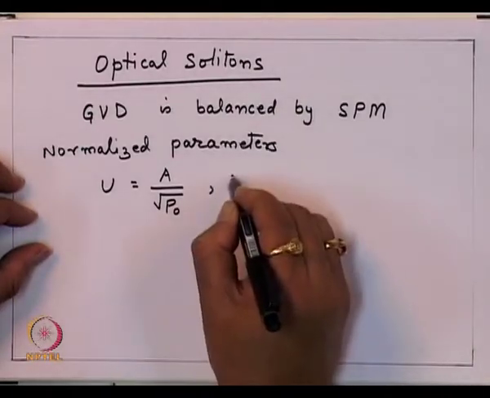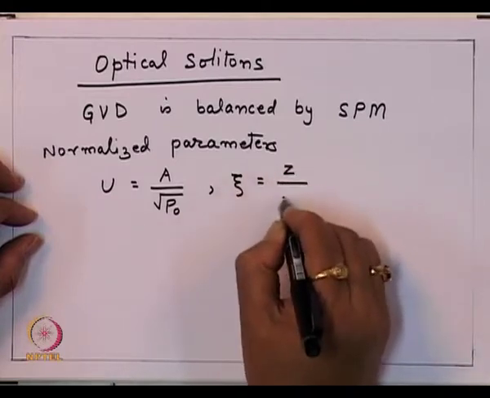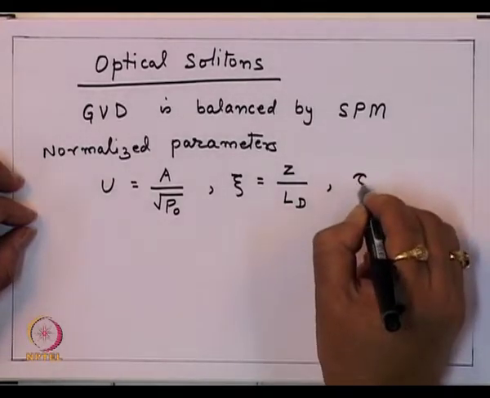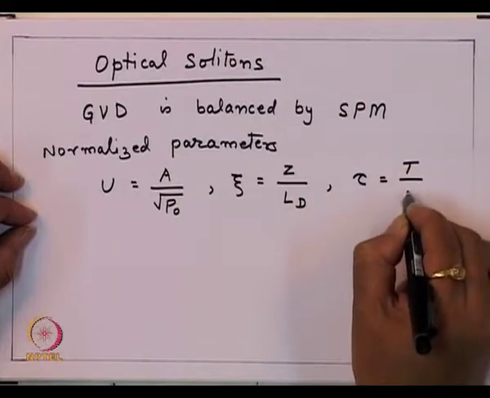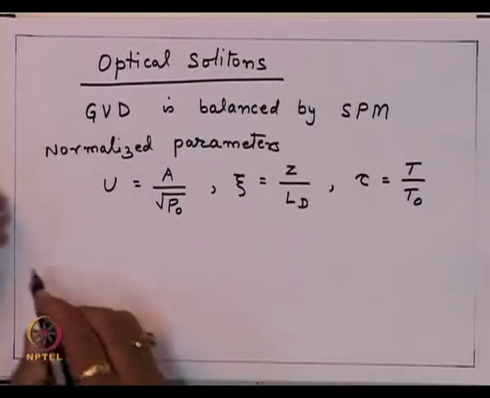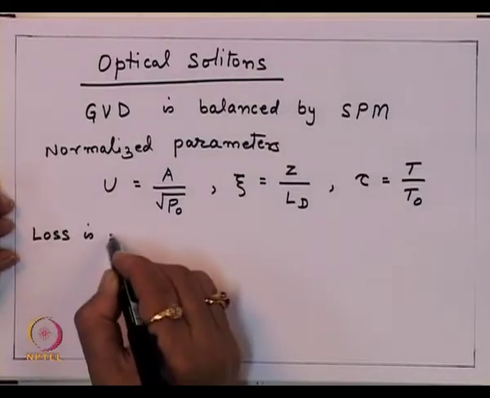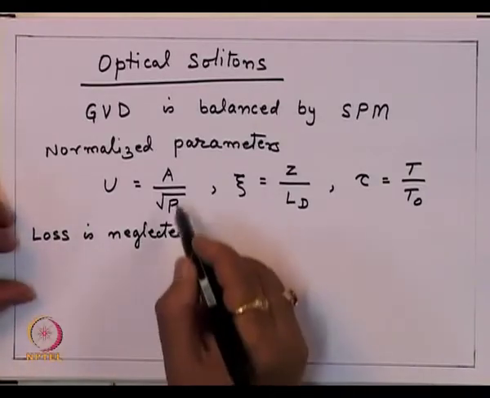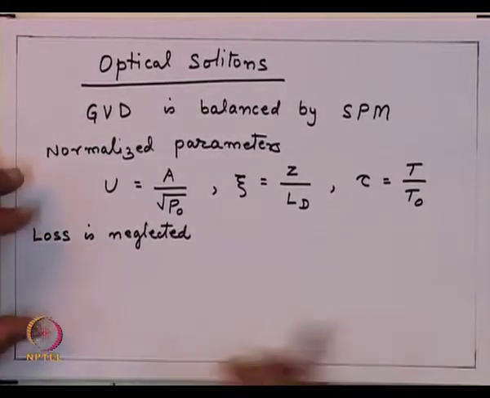Let us define now all the distances by this zeta, which is the actual distance normalized with respect to dispersion length, and as we have defined the normalized time tau, which is now normalized with respect to the pulse width. Now, neglecting the loss, so let us say the loss is neglected. That means this P0 power inside the optical pulse remains constant as it travels on the optical fiber.